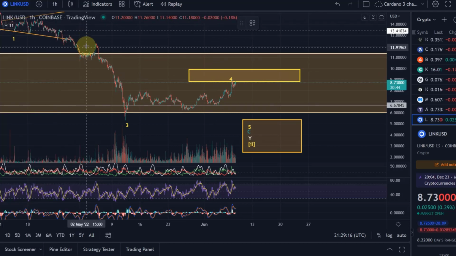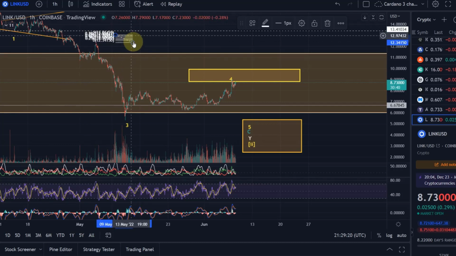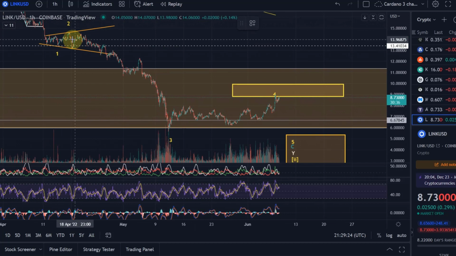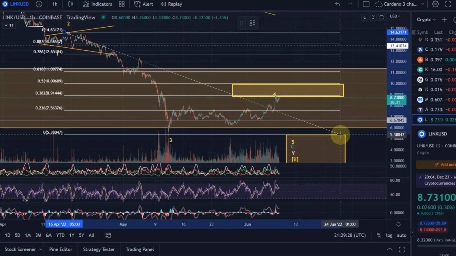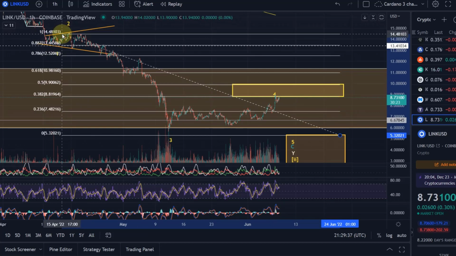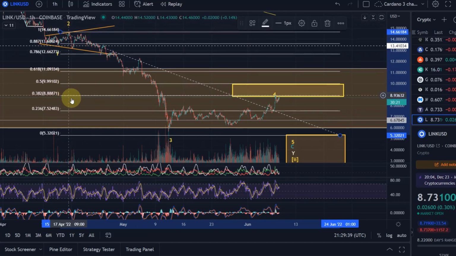Based on the Fibonacci retracement levels from the wave 4. So basically we start the Fib tool from up there, we draw it all the way to the low, and we can see these Fibonacci retracement levels here between, yeah, as I said, pretty much $9.90.